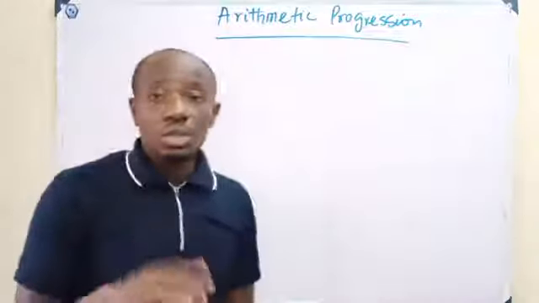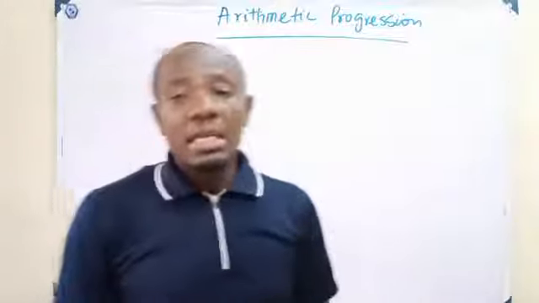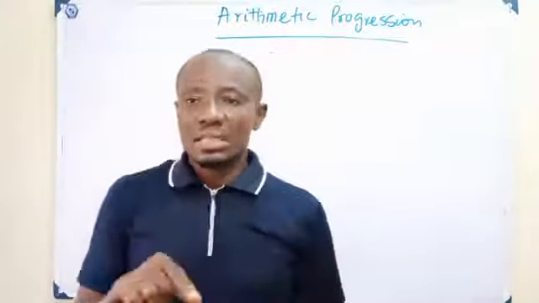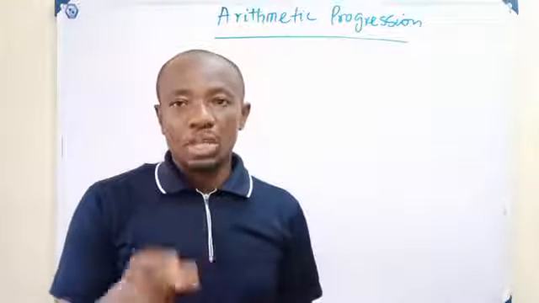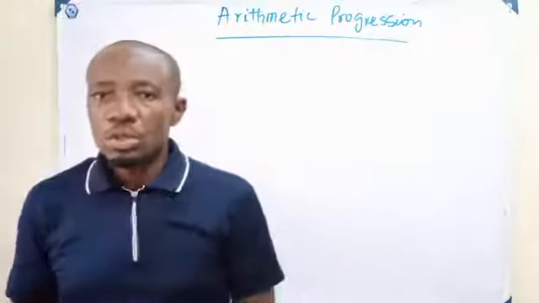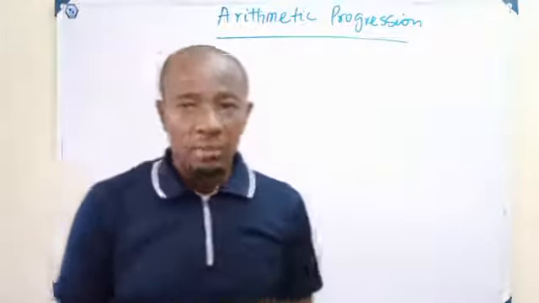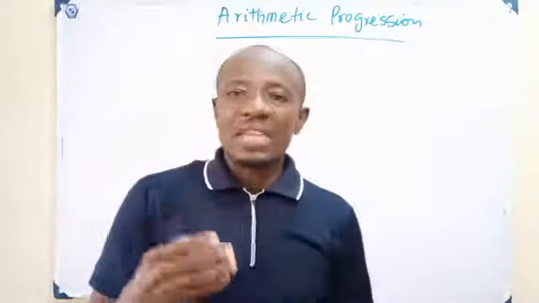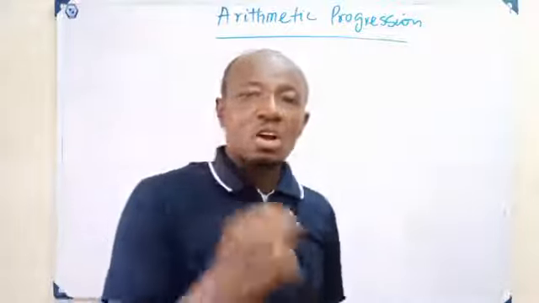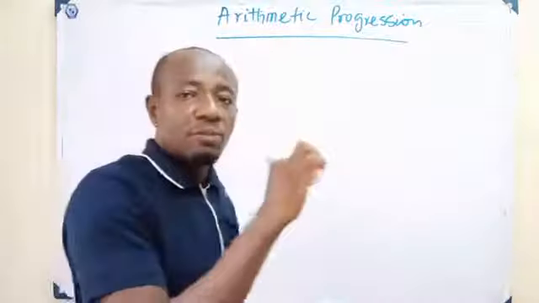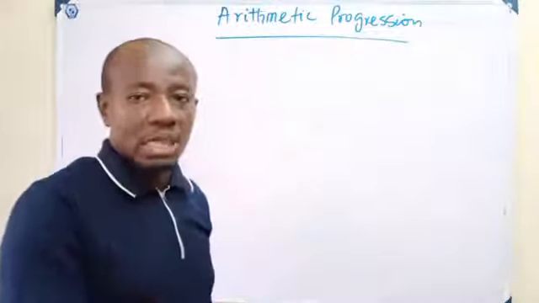Now, the first thing you need to do is to understand this. It's not all the sequences that you have that will give you an arithmetic progression. So how do we classify a sequence to be in an arithmetic order? We classify it if that sequence has a constant difference between one term and the other.